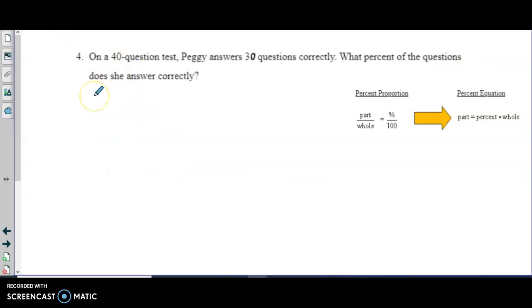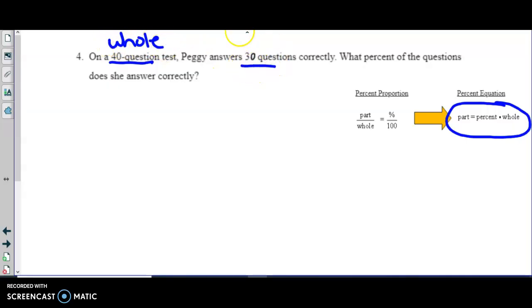All right. On a 40-question test, Peggy answered 30 questions correctly. What percent of questions does she answer correctly? Since this one isn't written out in words where it's super easy to write the equation, this is where I'm really going to focus on the formula. The part equals the percent times the whole. It's a 40-question test. That represents the whole test.